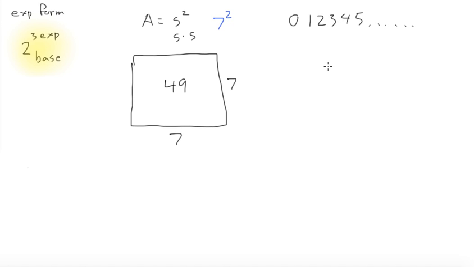So, if you were asked to determine if the area of a square has a whole number length for its side, you would basically be determining if the square root of the area of the square gives you a whole number. Okay? In this case, it does.